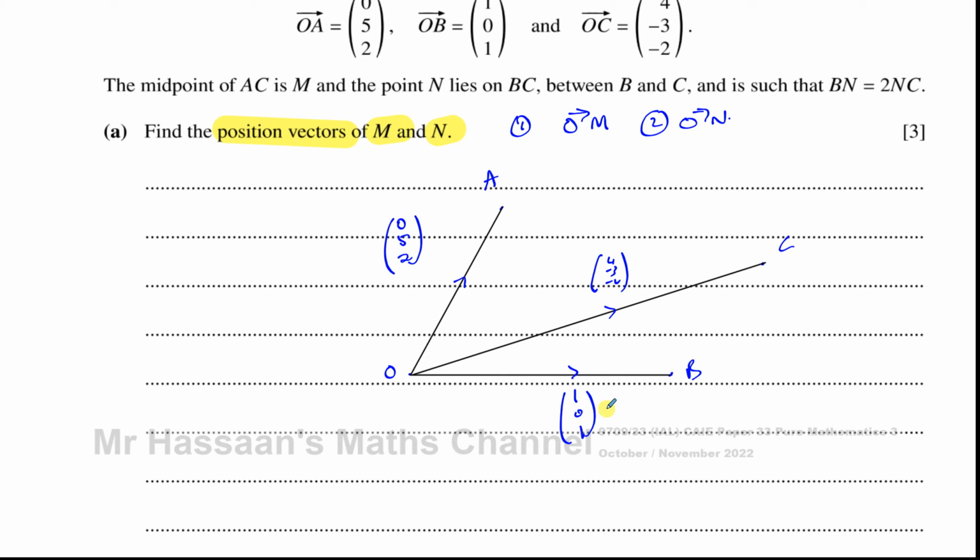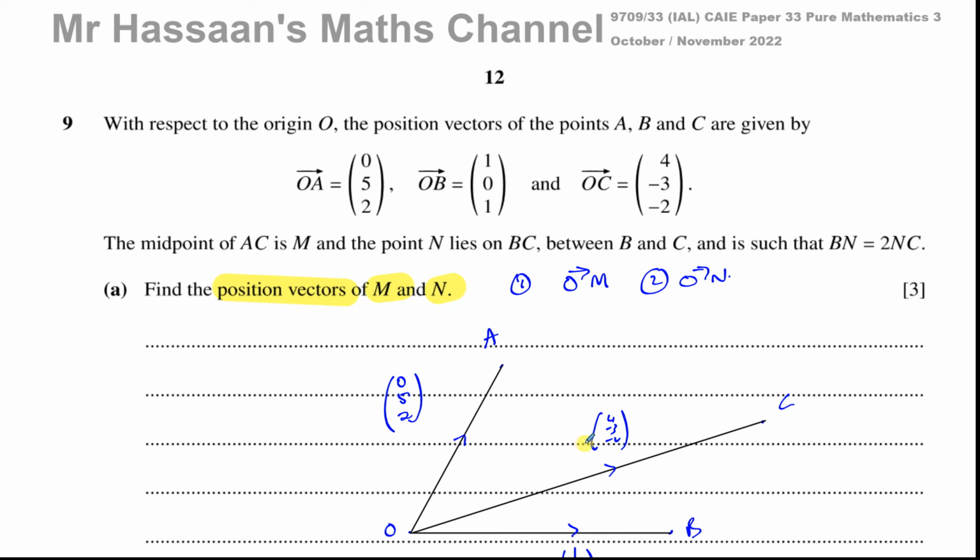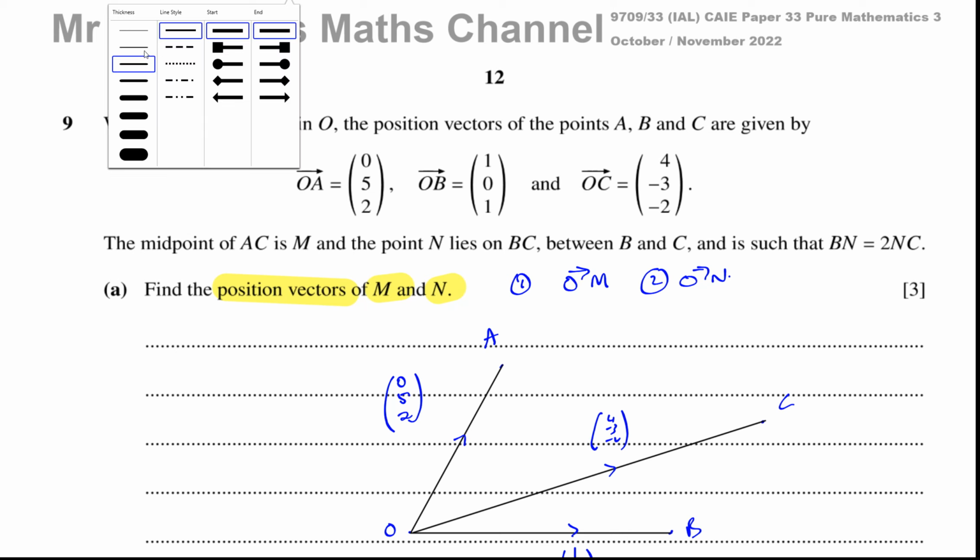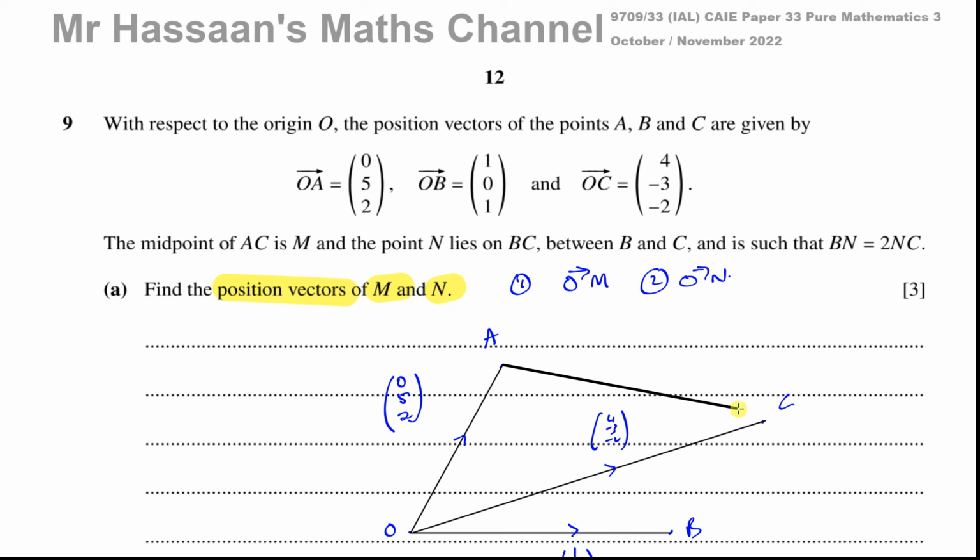Now they've told us that the midpoint of AC is M. So let me join these together. Exactly halfway between A and C, we're going to call that M. And it says N lies on BC such that BN is twice NC.